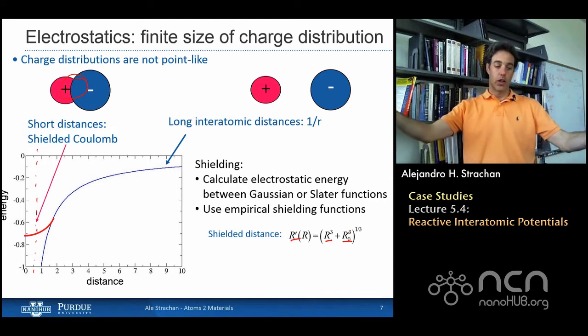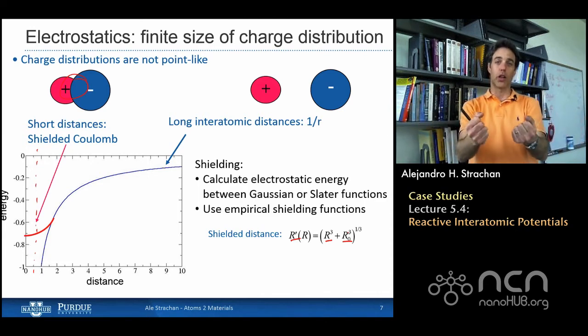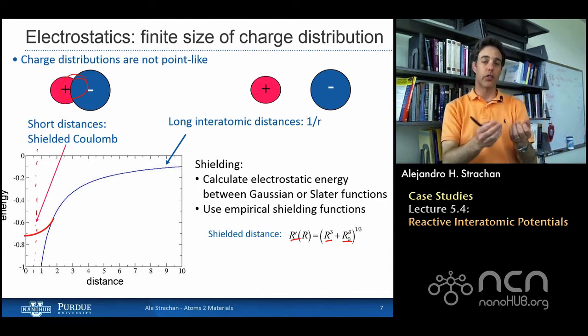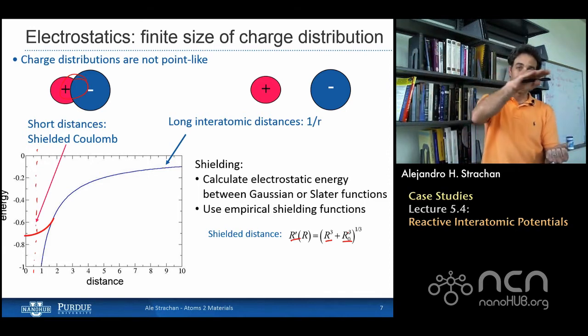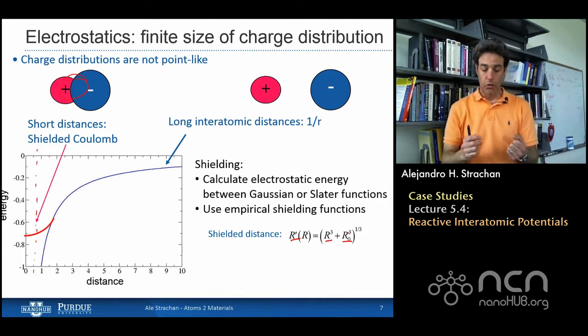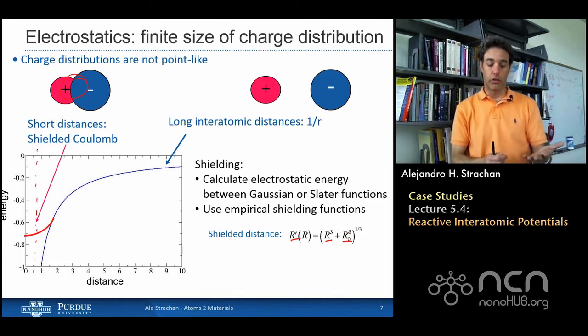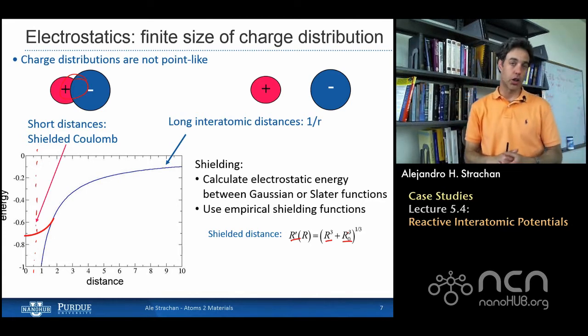So as the two atoms get closer and closer together, this shielded distance r prime does not go to 0. It levels off and goes to a finite value. When r is equal to 0, r prime is equal to r naught.